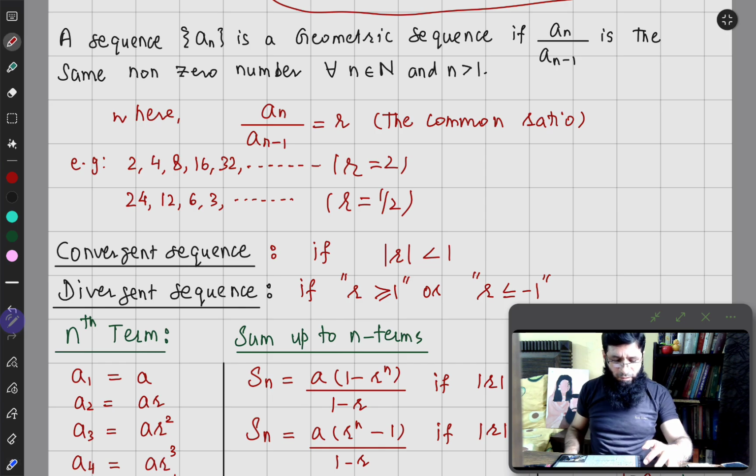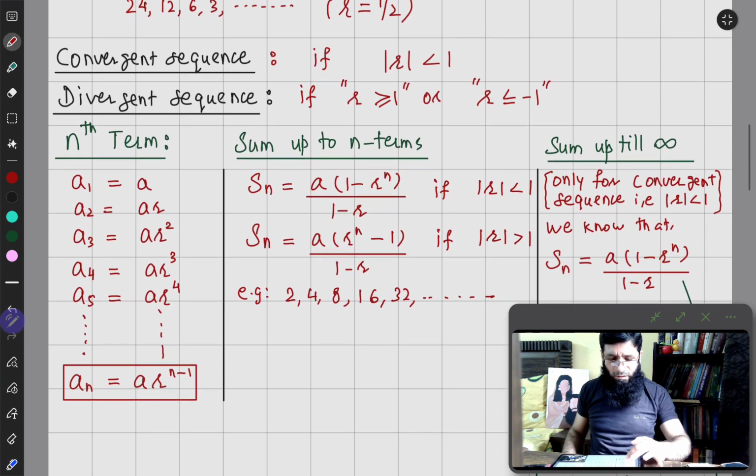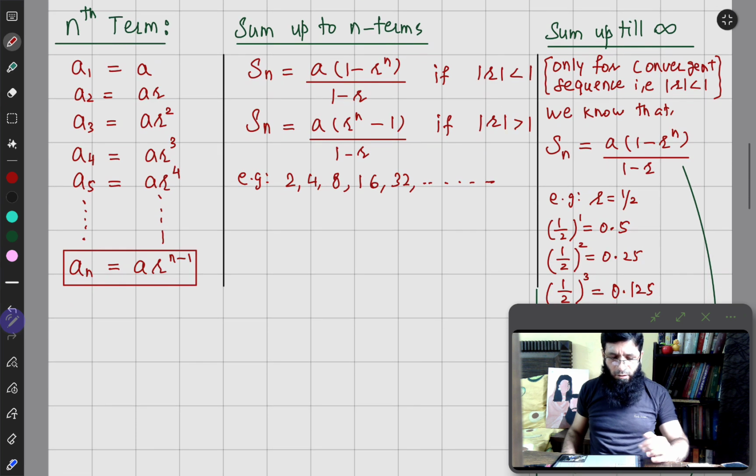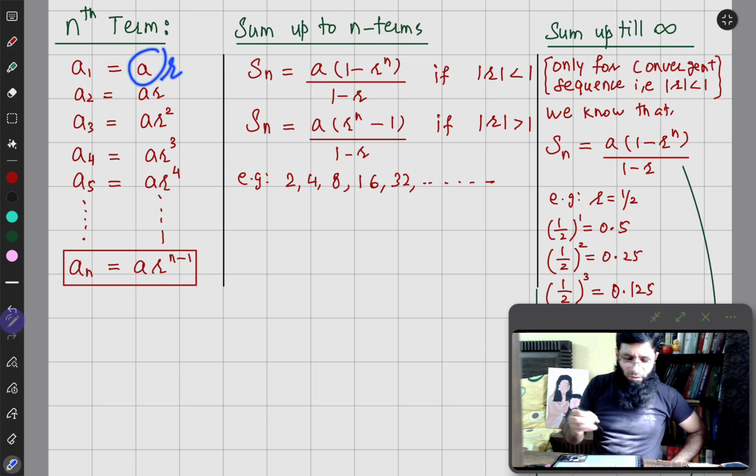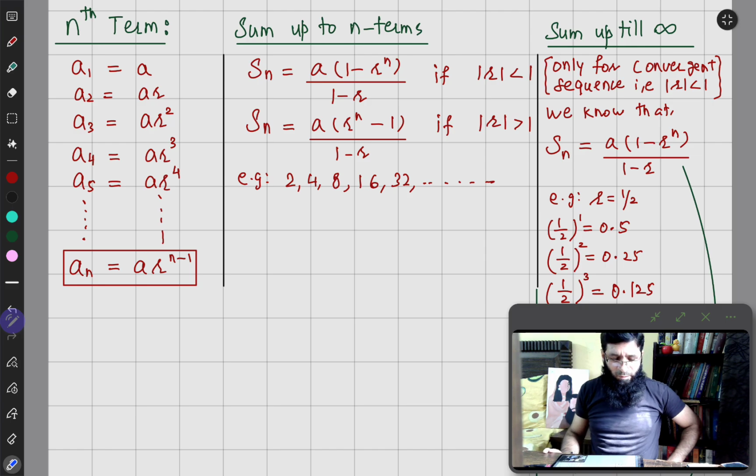Now we have some important formulas regarding the geometric progression. I have already told you that in all types of sequences in A-level math, the first term is usually denoted by a. This is our first term, and if you multiply r with any term, you will get the next term in geometric progression.